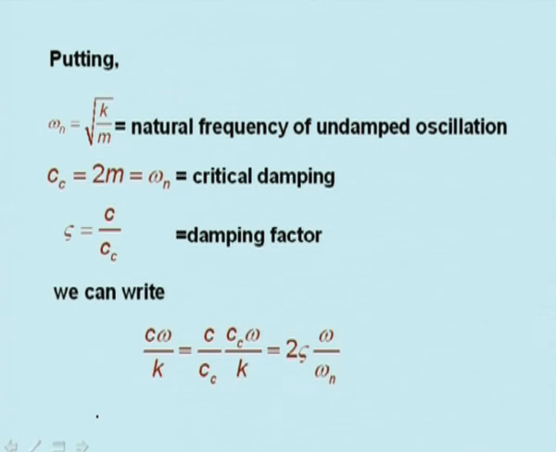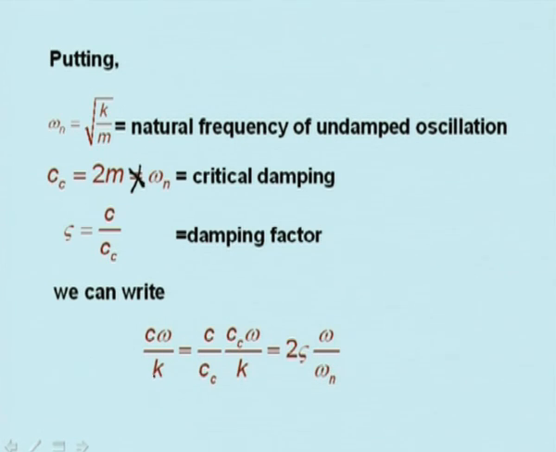Now cc is equal to 2mωn, which is called critical damping, and ζ is equal to c/cc, that is called damping factor.